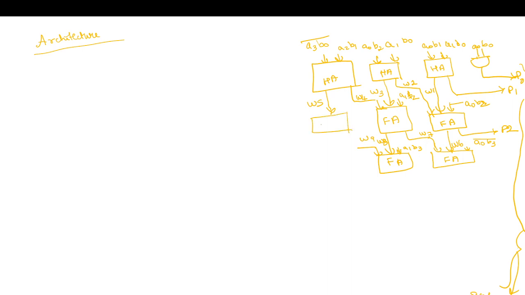Here another full adder: W5, A2 B2 and then A3 B1, and then this is W9, and then a full adder. W10 and then A3 B2 bar and A2 B3 bar.